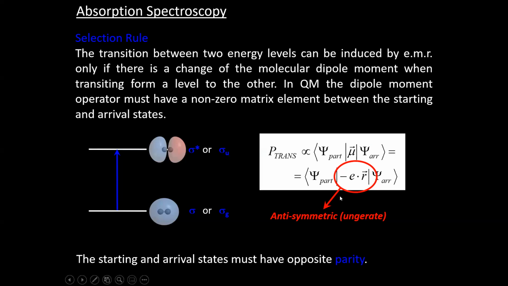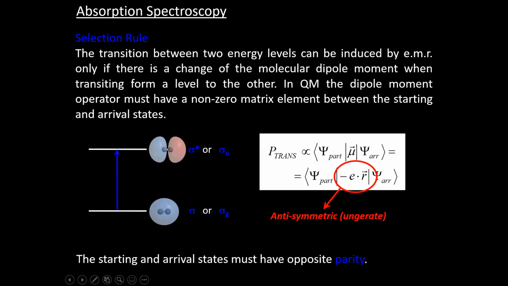And when you integrate, this will average to 0. So in the Fermi model, the probability to have a transition between two states which have the same parity is 0. This is a strict selection rule.